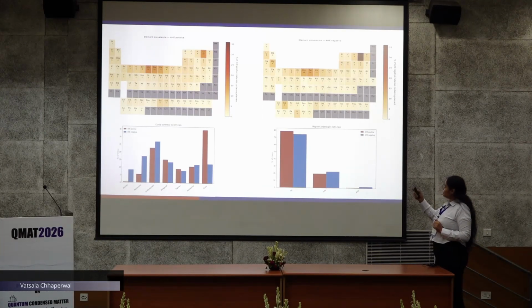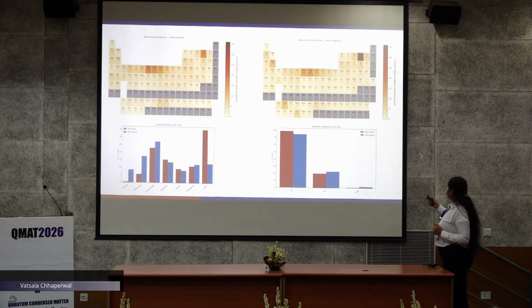The first figure shows the AHE positives, and the gray part shows materials that were not present in our database, as most of them are radioactive materials, lanthanides or actinides. The transition metals show more prevalence and appear more frequently in our database.